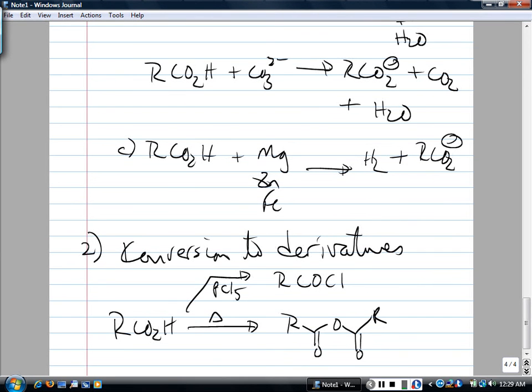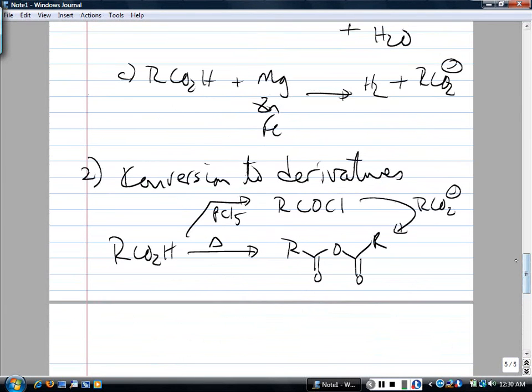Now, obviously, the best way to make an anhydride is to convert the acid to the acid halide and then treat the acid halide with carboxylate. Right? That's really the best way of making it. But this other method works as well. I can convert carboxylic acids to esters.